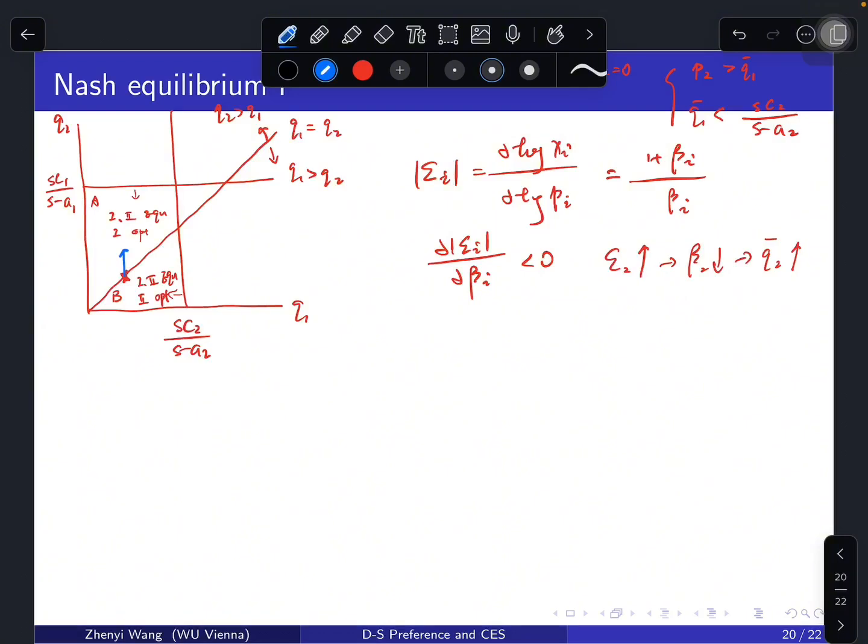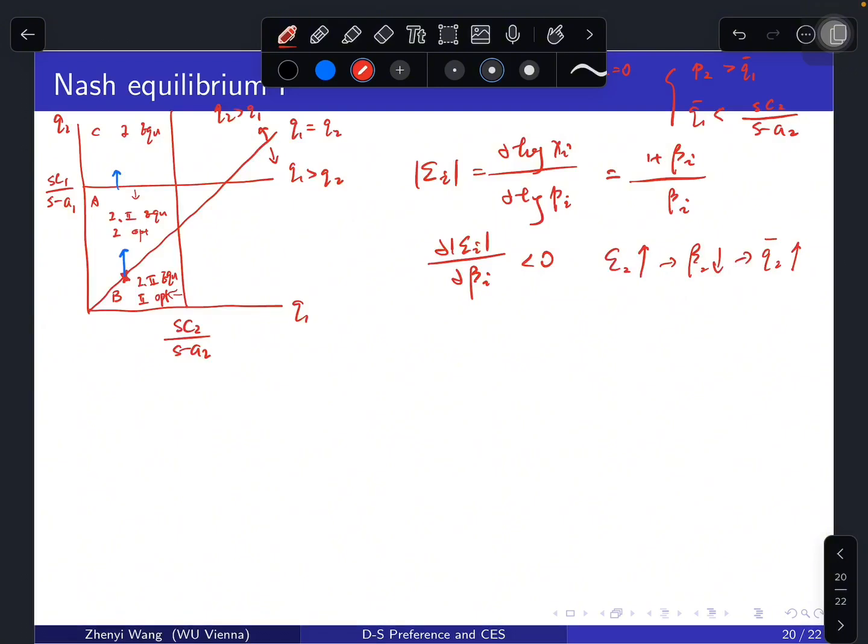So the equilibrium point moves to region A, and producing x1 instead of x2 is the optimal choice for the society. And if the elasticity of x2 increased too much, then the equilibrium point will move to a new region. We call it region C. In region C, only x1 satisfies the equilibrium condition.